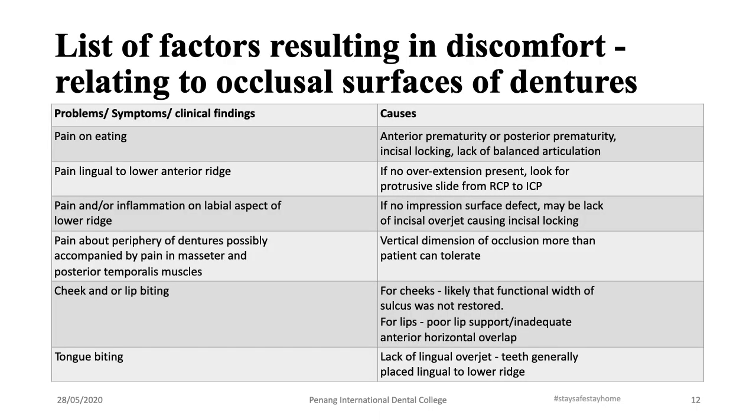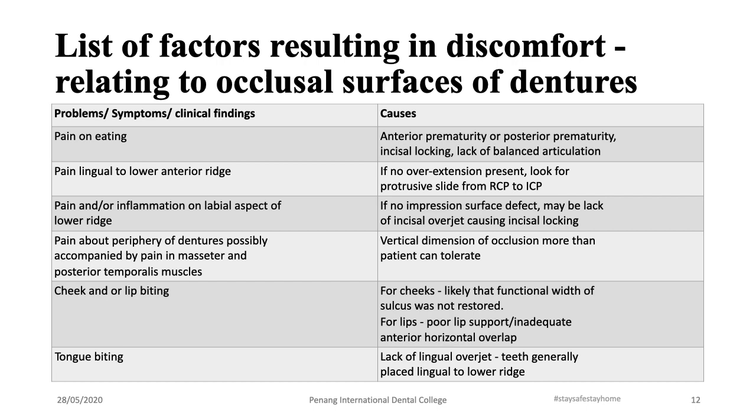Next, coming to the list of factors resulting in discomfort in the occlusal surfaces of the denture. So pain on eating, so anterior prematurity or posterior prematurity. I have explained what a premature contact is, and I also explained how to determine it or how to find out, and then you have to rectify this.